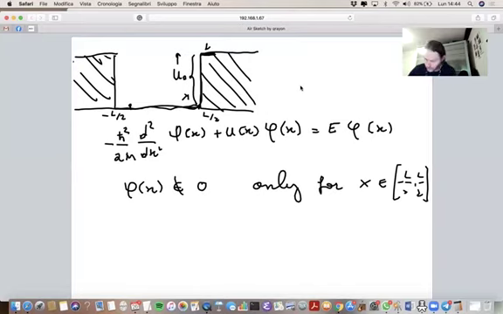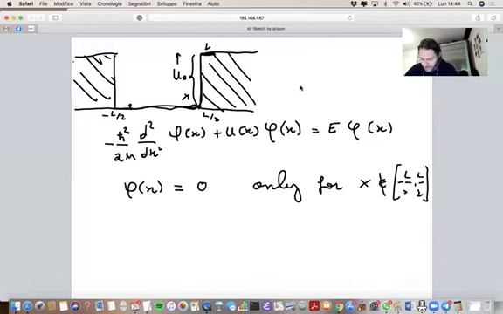the box, or equivalently, phi of x is 0 for x that doesn't belong to the interior of the box. So in other words, we can only find the particle inside the box.